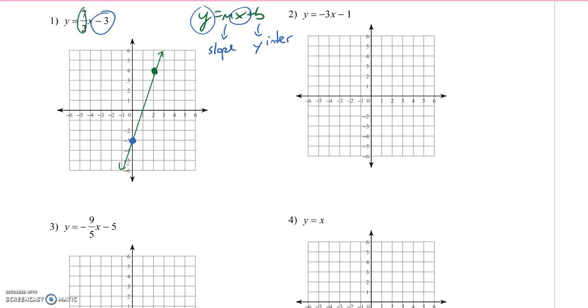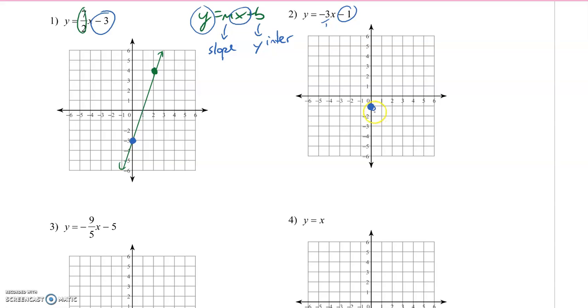Okay, so on to the next one, same type of thing. The y-intercept is -1, so there's my -1 right there. I've got a slope of -3. There are different ways people do it. Sometimes when it's a whole number like this, people will draw an invisible 1 underneath, which is a little easier for some people. It doesn't really matter.